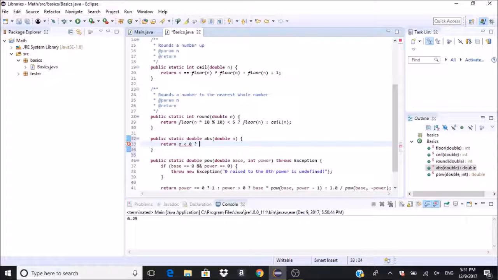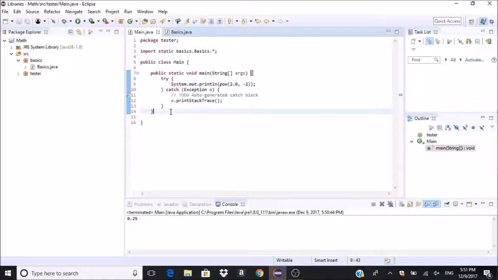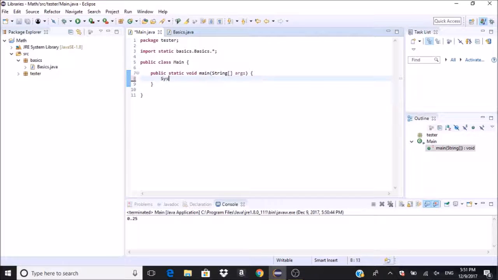It checks if the value is negative, and if so we make it positive. Otherwise, we'll leave it be. So we can try 1, and that should give 1. And if we put in an arbitrary value here, that should leave it be.